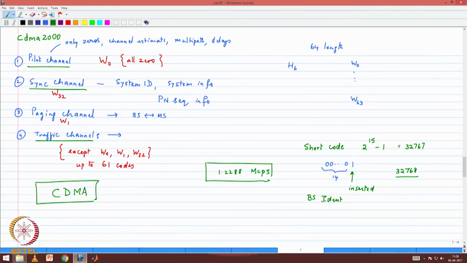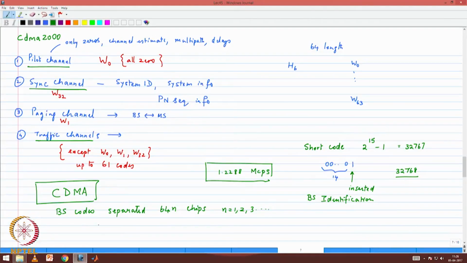Let's do a simple calculation regarding this. Because of multipath, I cannot use successive cyclic shifts. We said that we are going to use cyclic shifts by 64 units. So the base station codes used for identification are separated by multiples of 64 chips, 64 N chips, with N equal to 1, 2, 3 and so on.